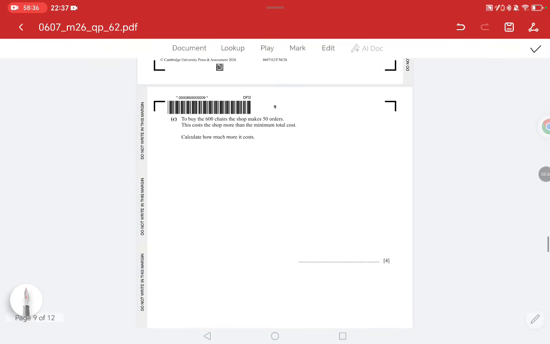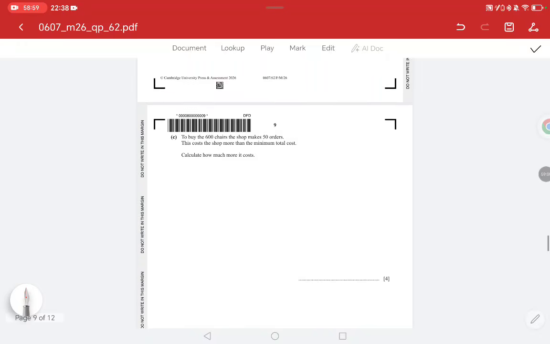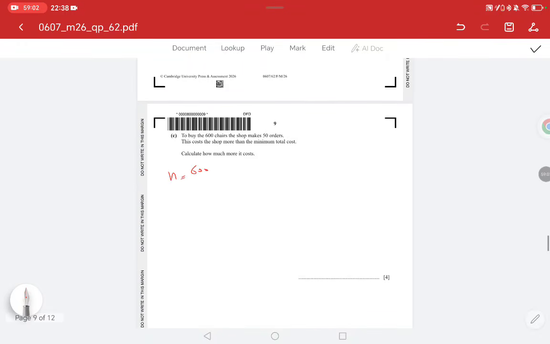See here that to buy the 600 chairs, the shop makes 50 orders. This costs the shop more than the minimum total cost. How much more does it cost? Let's see, the formula again is 600 over x.